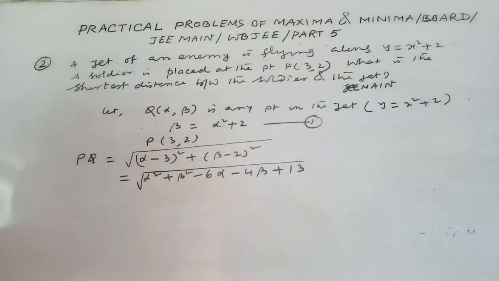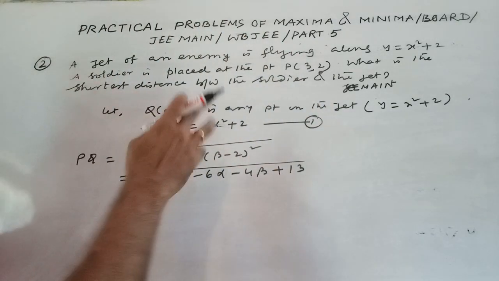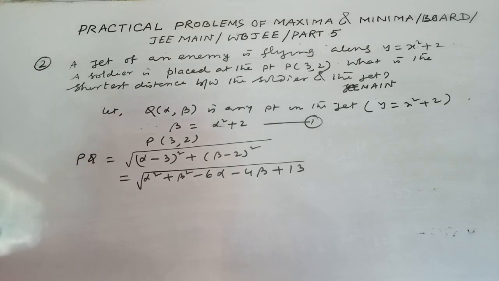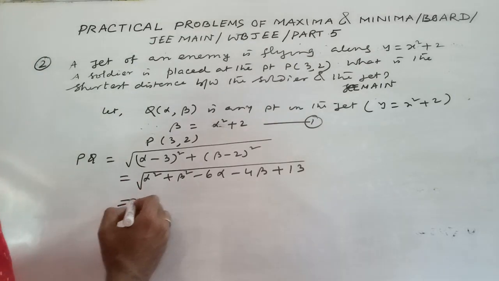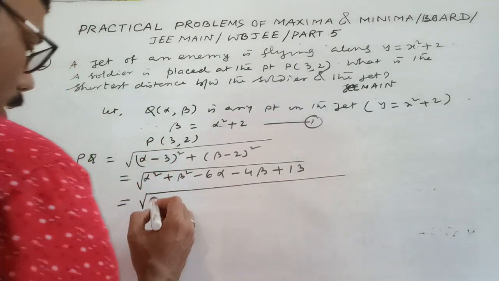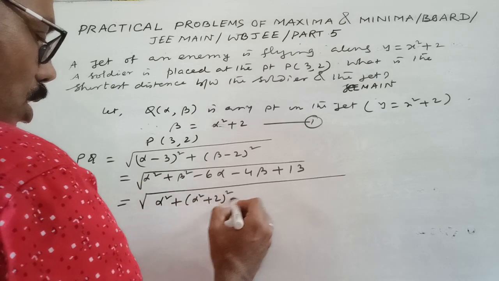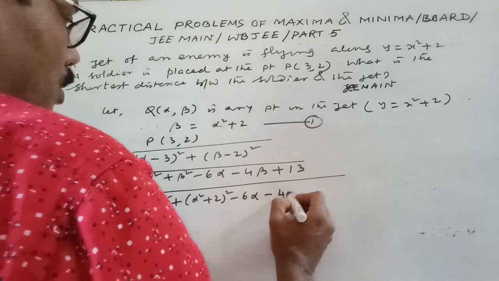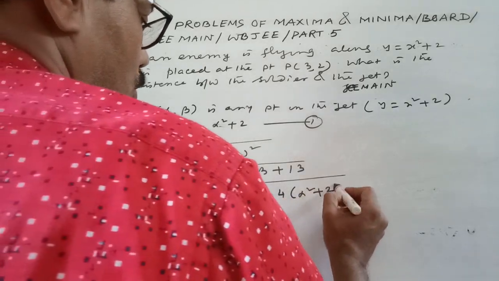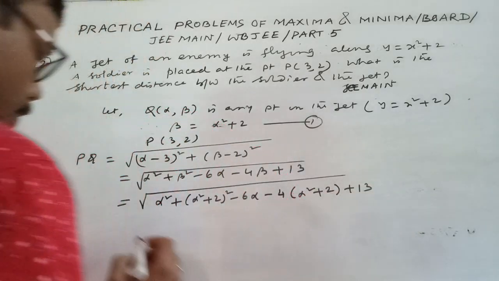Now, try to make it in terms of a single variable. So put the value of beta: alpha square plus 2 whole square minus 6 alpha, minus 4 into alpha square plus 2, plus 13.